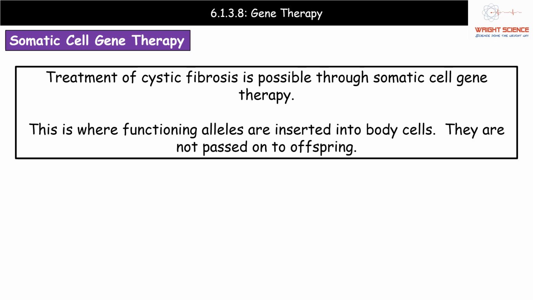So by delivering these functioning alleles to the cells lining the respiratory system, they're going to be expressing the CFTR gene, and that means we're going to have that protein inserted into the membranes, and we're going to at least partially resolve the issue of that thick, sticky mucus.